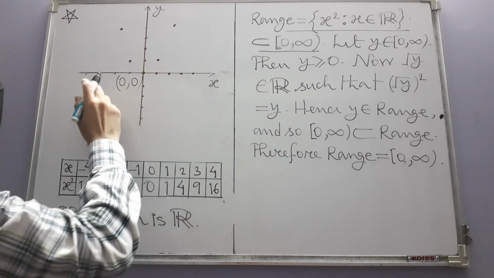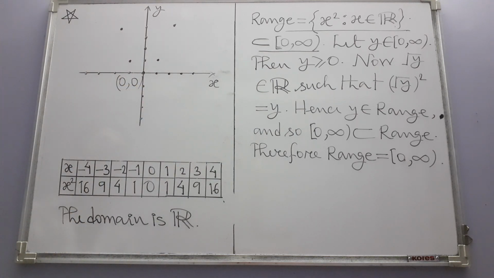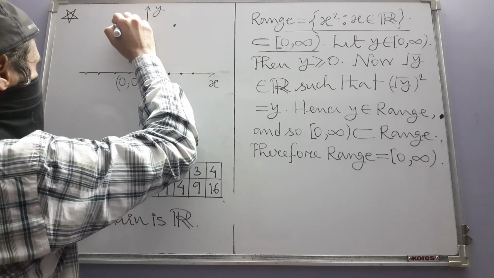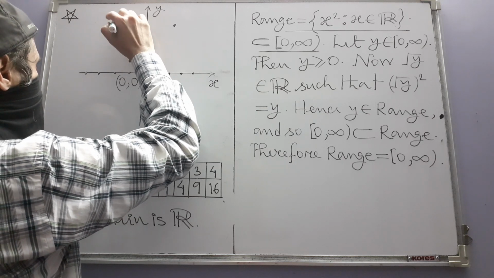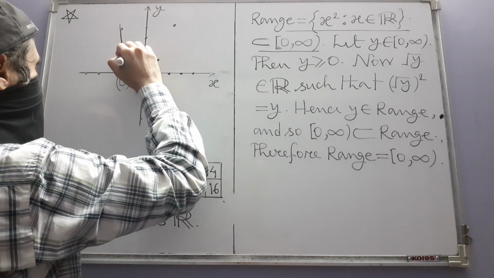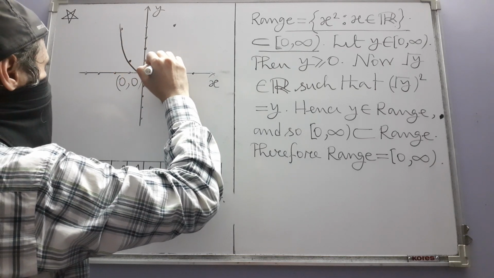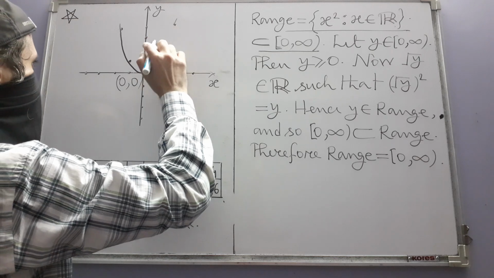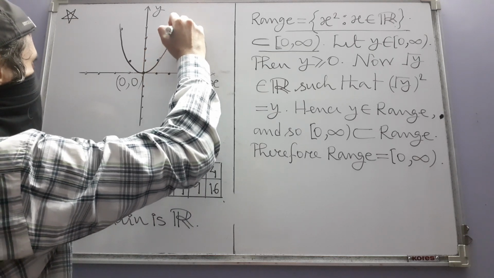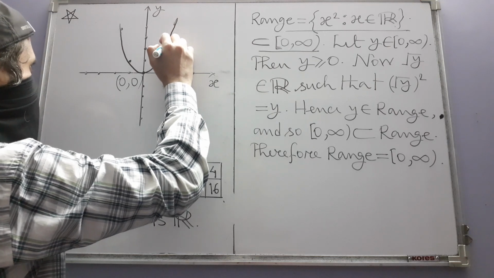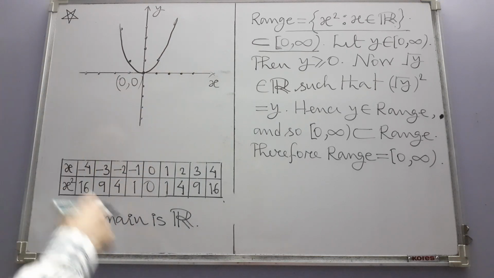So this time it's not a straight line, but it is something like this. This is the problem of freehand drawing, especially when you are doing it on board. It doesn't look nice, but you can just imagine the general shape. It looks like a cup.